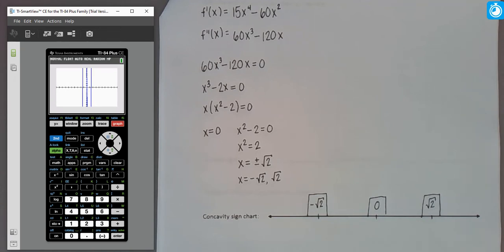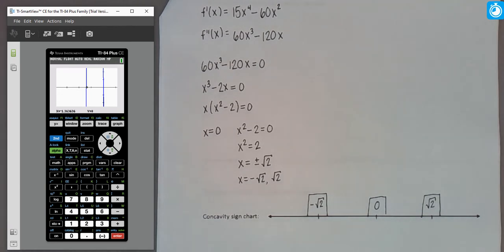Now, these locations where we've crossed in between tick marks along the x-axis, those represent that negative and positive root 2. What we're focused on is what are the signs around either of these locations. So let's zoom in on each of these and see what's going on. I'm going to focus on that leftmost intercept. We want to analyze the sign to the left and the sign to the right.